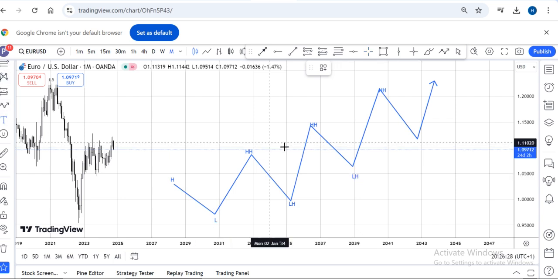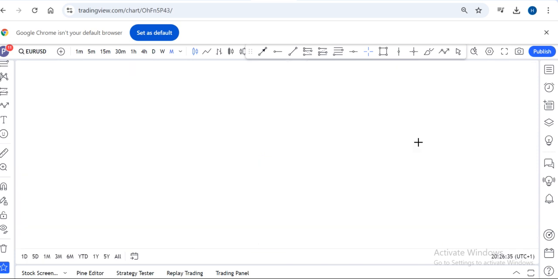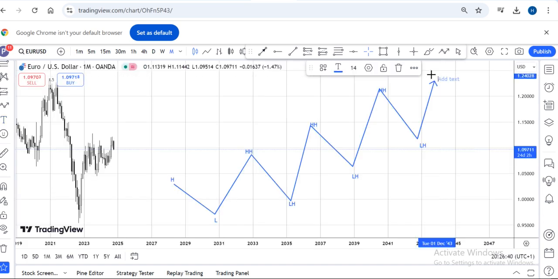When we go a little bit further, the next level still gives us a higher low. So I'm trying to help you understand it step by step. This is what we see on an uptrend.